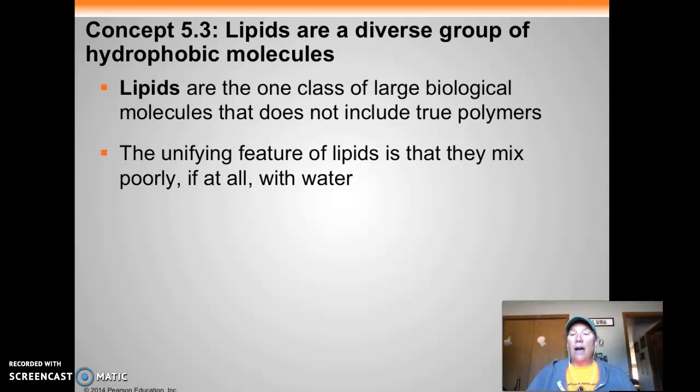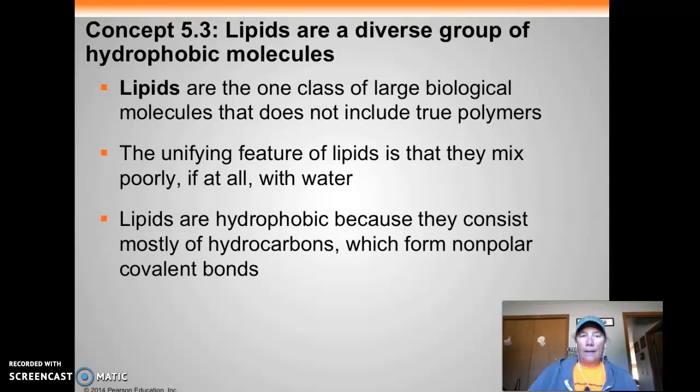They are non-polar. They don't have the positive and negative end, so water has no effect on them. They're hydrophobic because they have those non-polar covalent bonds. In other words, they have equal sharing. And we talked a little bit about this before. Remember, if they have unequal sharing, they have a positive end and a negative end.